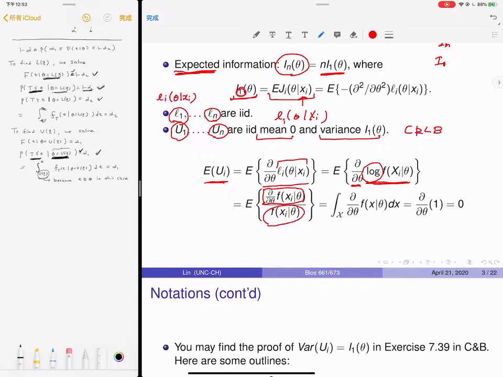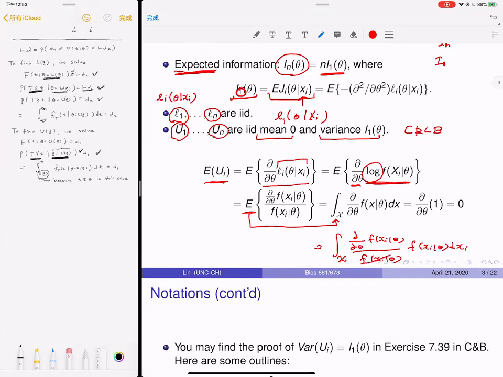And then if you write down the expectation right here, expectation means integral. So I have the integral over the sample space, with the inside guy being the quantity you are trying to take expectation of, times, by definition of expectation, the PDF.